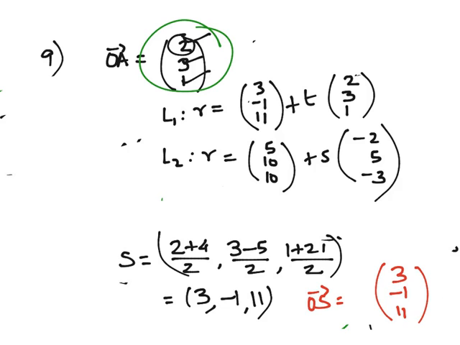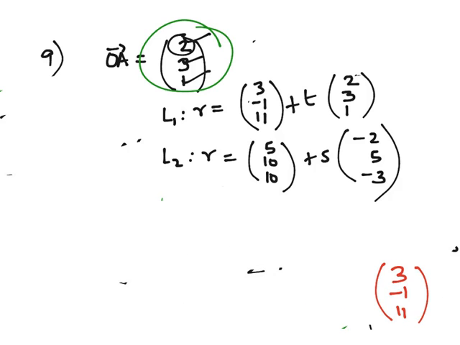Fine. So there are two lines, L1 and L2. Now you have to explain the next subdivision. The C part is: explain why L1 and L2 are not parallel. If you recall, I explained that in the first video. If two lines are parallel, then the direction vectors also need to be parallel.